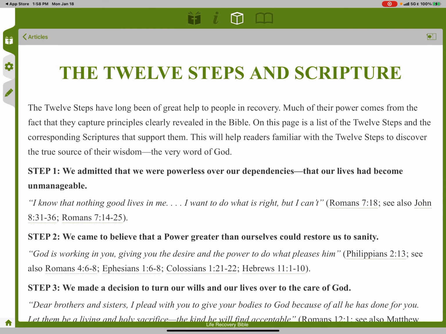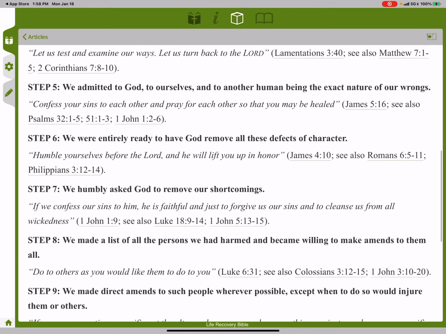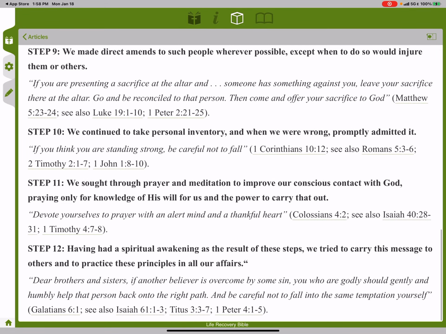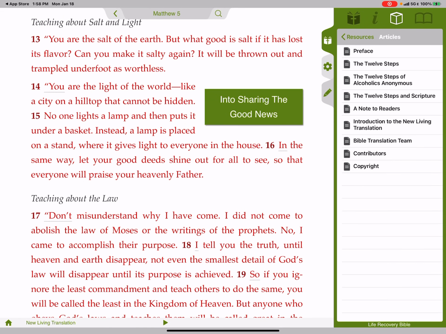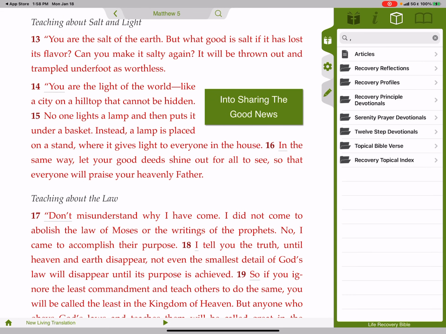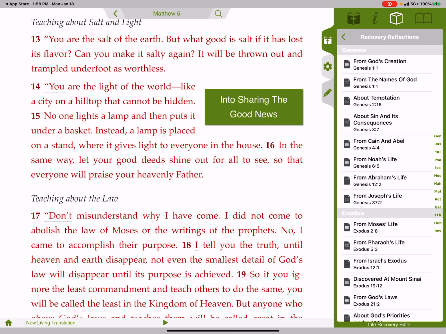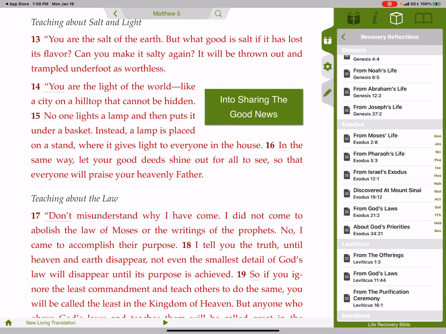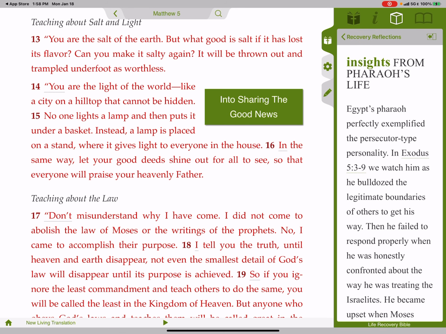And the scripture references are right there, and this will go through all of the 12 steps. Let's get back to the resources, and you'll have recovery reflections from Genesis to Revelation, and you'll have recovery reflections from Pharaoh's life.